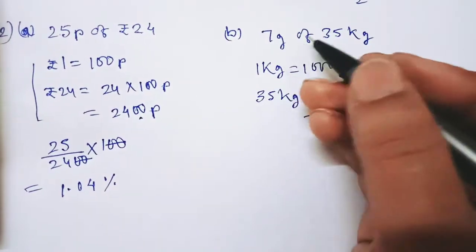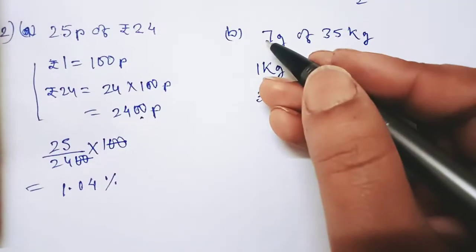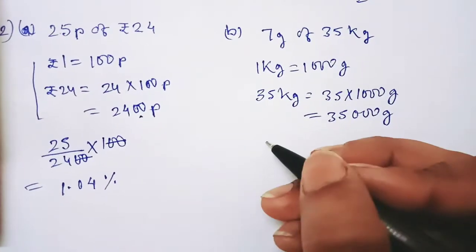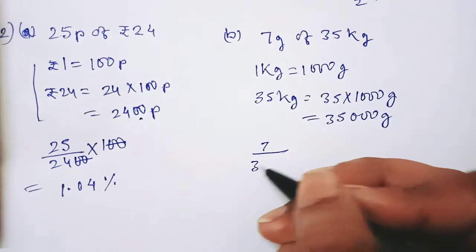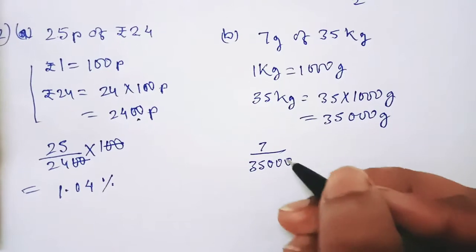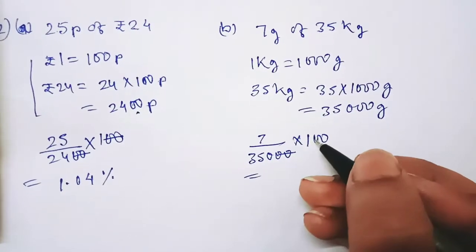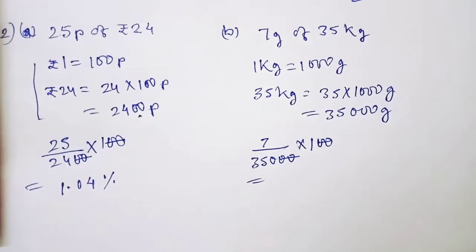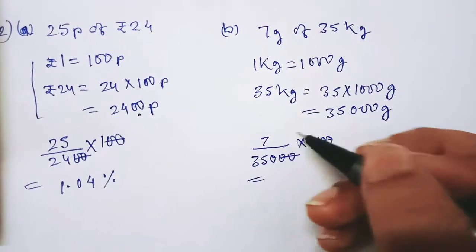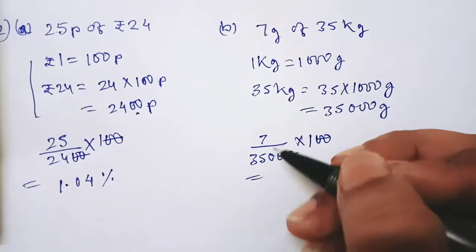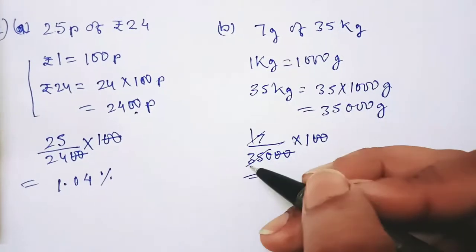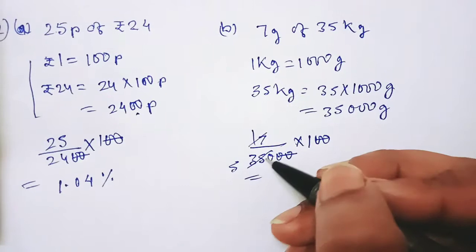Now we'll find the percentage. 7% of this, so it is 7 by 35,000 into 100. Now these two zeros and two zeros will cancel out. Now we'll cut this 7 and 350: 7 1 is 7, 7 5 is 35, and this 0.